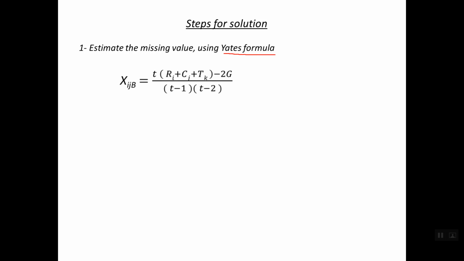Again, before starting the calculation, we need to understand the steps for the solution. First of all, we need to estimate the missing value. We will use something called Yates formula. This is the Yates formula.